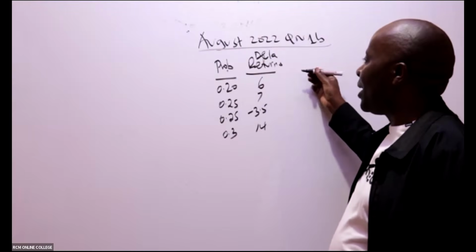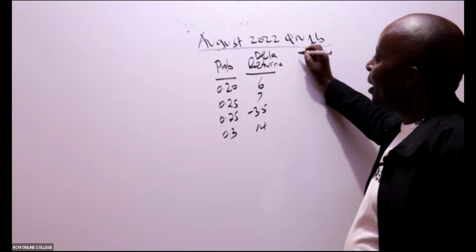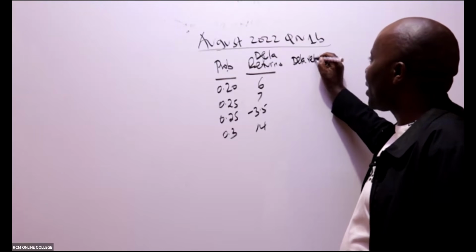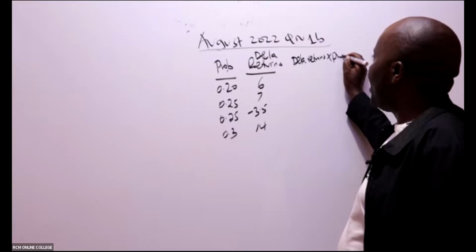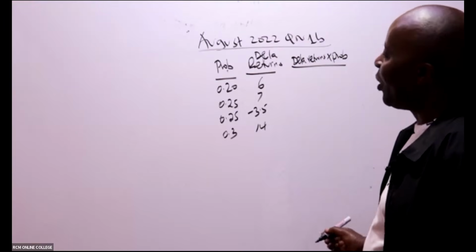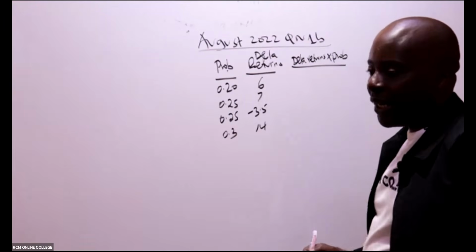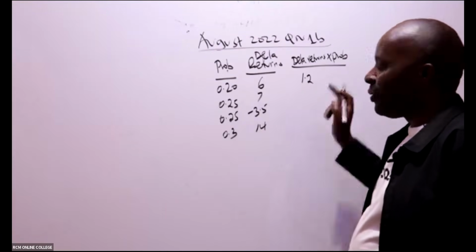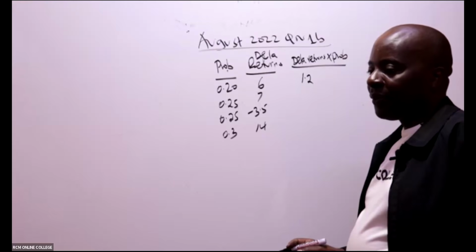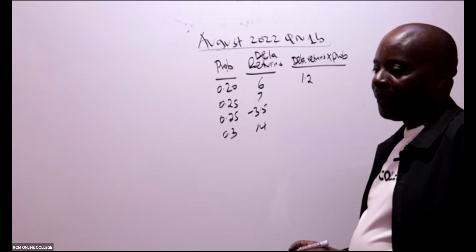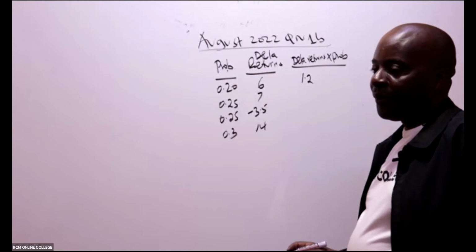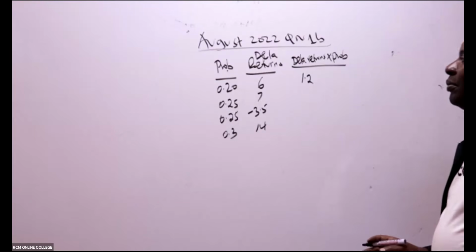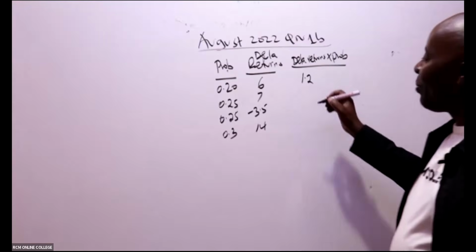Give me the expected returns here. We have the Dela returns times probability. 0.2 times 6, how much are we getting? 1.2. This times 7 gives me 1.75.